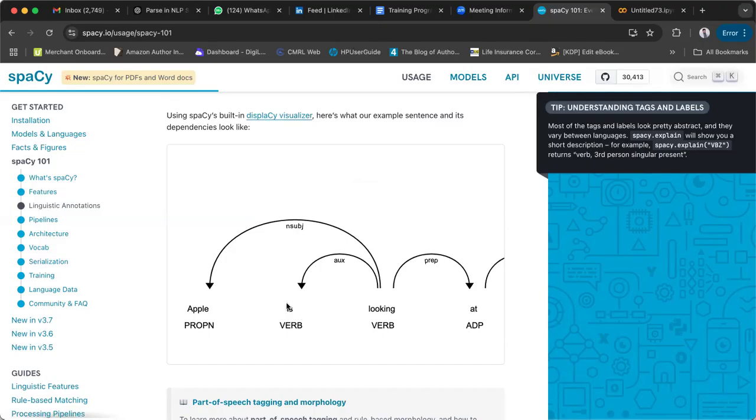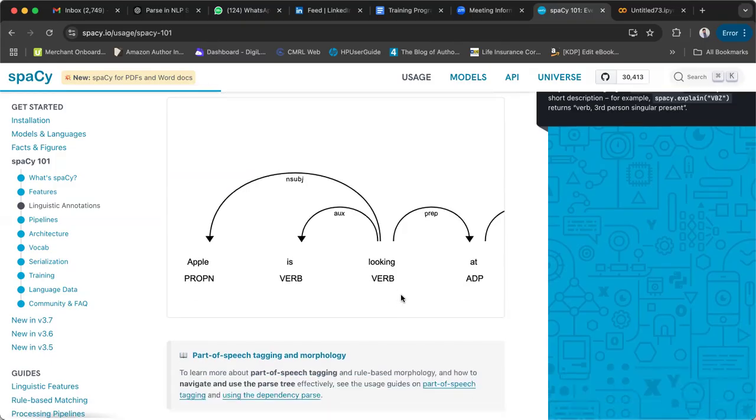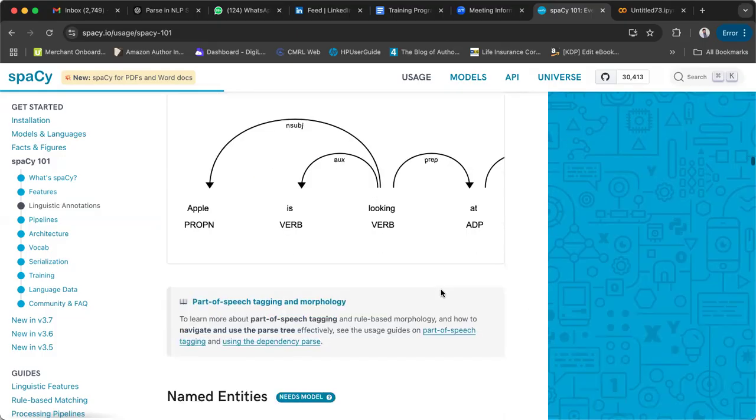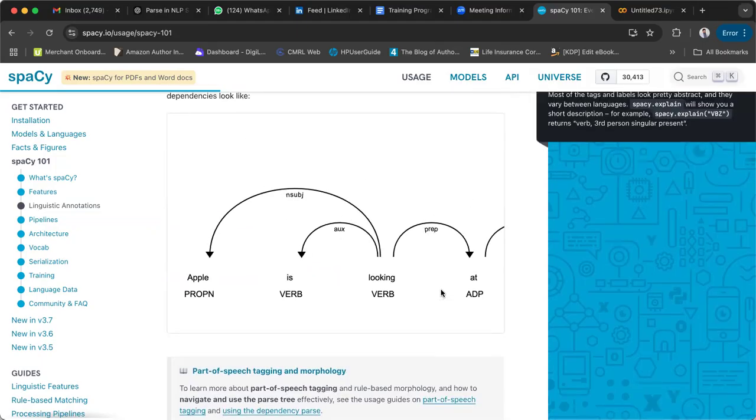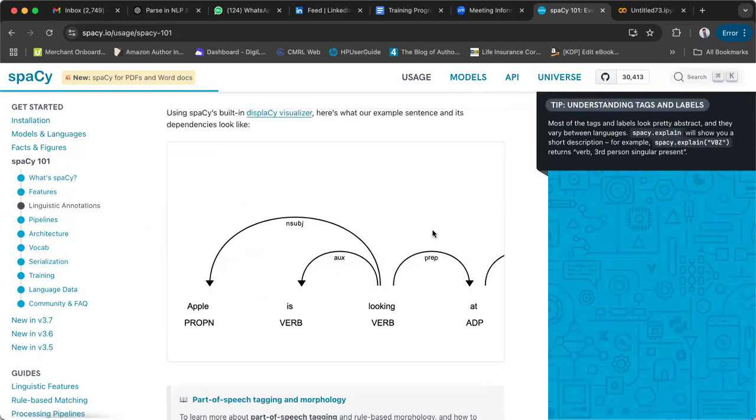So it just immediately finds out if there is any other relationship between is and looking. If it is a direct relationship, then it removes is and just connects with this word. From this it goes to the next word, and the next word, and this is how it is getting connected. And this is the visualization.